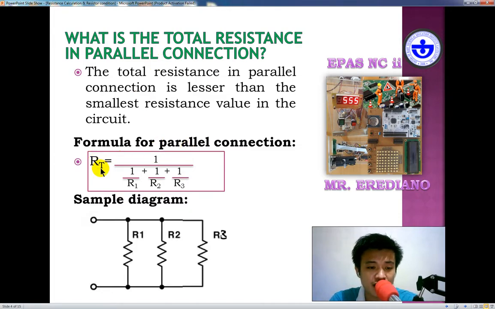To get the total resistance in parallel connection of resistors, the formula is RT equals 1 all over, do not forget this is all over, 1 over R1 plus 1 over R2 plus 1 over R3. And if there are lots of resistors connected in parallel, all you need to do is add 1 over R4 and so on. Below is our example, a sample schematic diagram for 3 resistors connected in parallel.